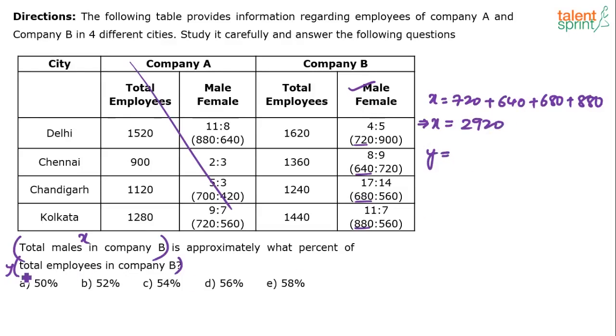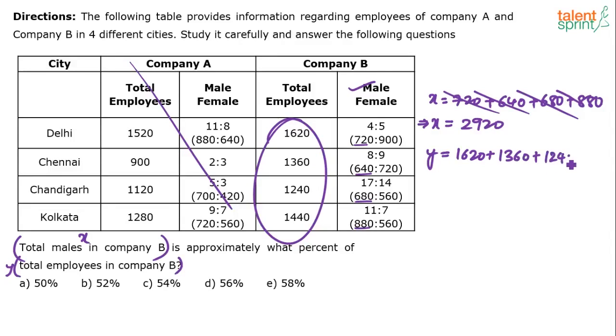Y is the total number of employees in company B. Total number of employees in company B is this, so 1620 plus 1360. You should not be writing this. Like I said, you should not write values on paper. You should directly add them up. Add hundreds, add tens, add unit places.